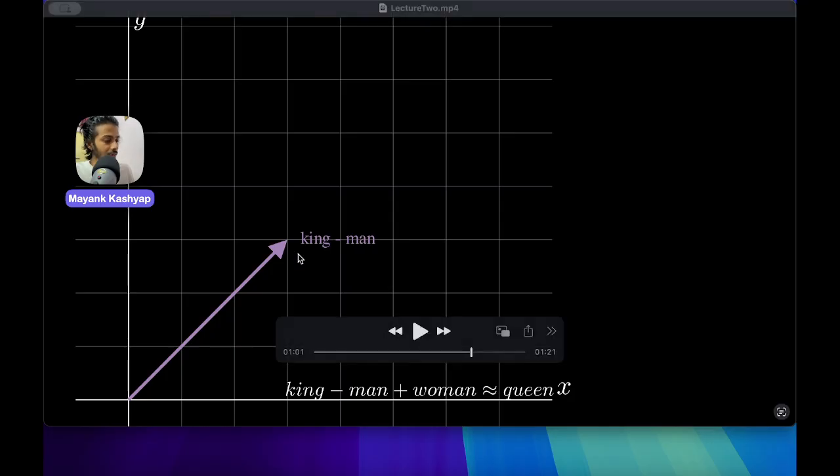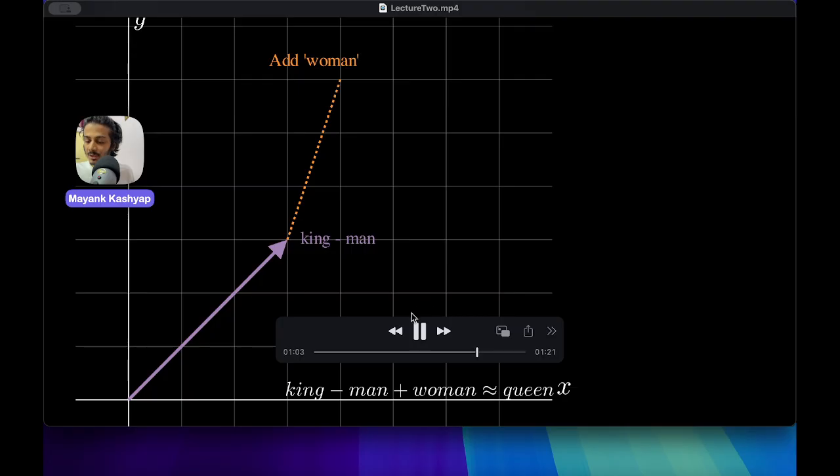Okay, now if we add a woman vector to this, these are all approximate abstractions. This is nothing based on real data, so don't think like that.